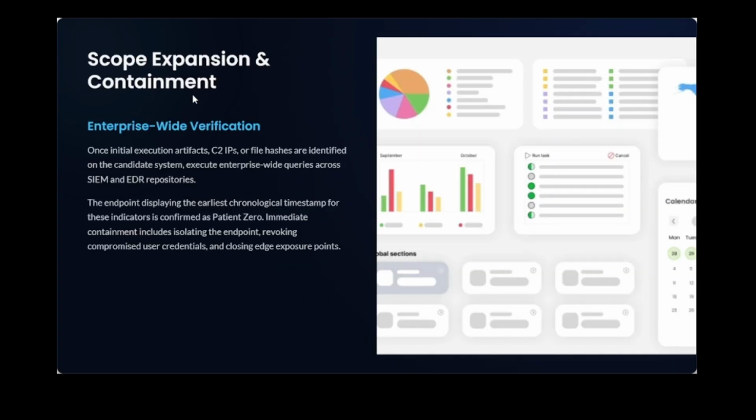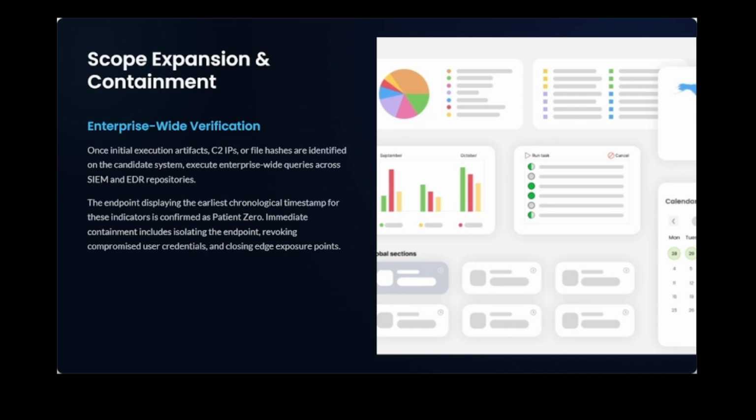So for expansion, scope and containment, of course, you want to go enterprise-wide. Once you begin developing your IOCs, and that can include everything from your execution artifacts to your command and control IPs and file hashes, you're going to be plugging those into your EDRs and your SIEMs and scanning the rest of the network, looking for any other systems that may have been touched or accessed by the attackers.